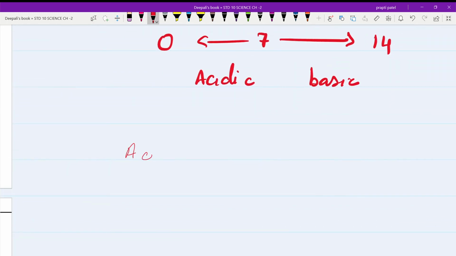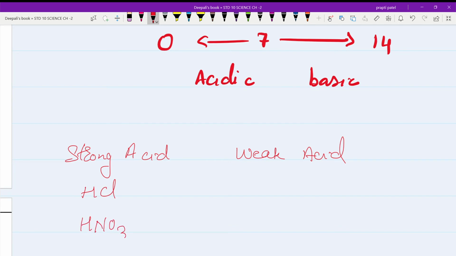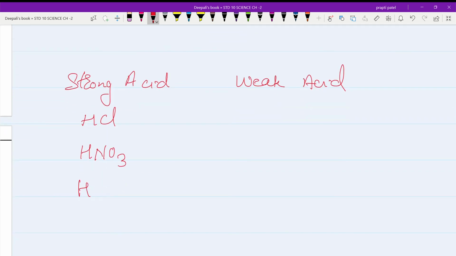So, acid, strong acid, weak acid. Strong acids, a few examples are HCl, HNO3, H2SO4. All mineral acids are strong, whereas all organic acids are generally weak.